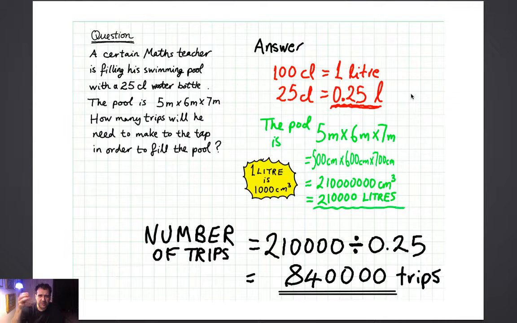So each bottle is 0.25 of a litre. Now the pool is 5 meters by 6 meters by 7 meters. If I convert that to centimeters, that would be 500 times 600 times 700, which is, I should have put this in standard form, shouldn't I? 210 million centimeters cubed.